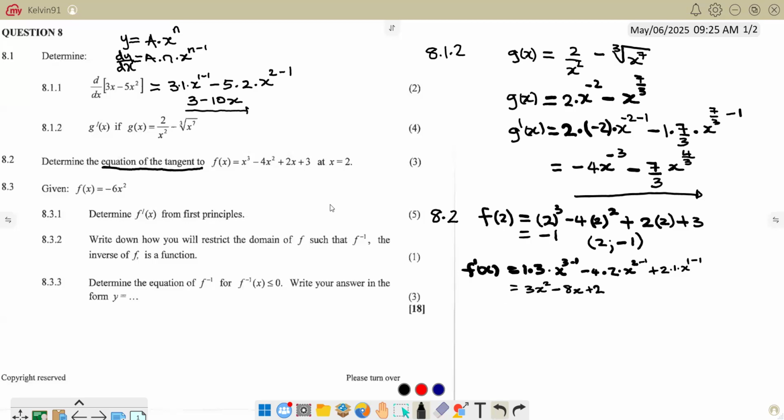So to get the gradient of this tangent, we have to substitute the x value 2 at that point in this gradient function.